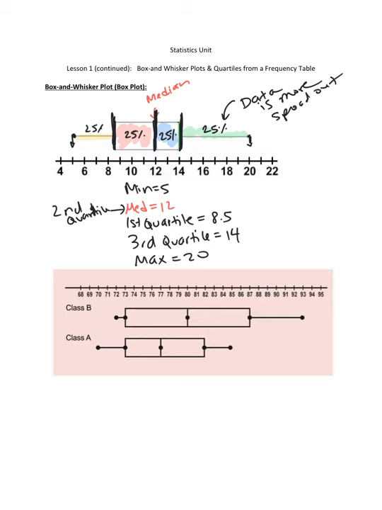If you had 20 people in a class and you divided them into fourths, you'd have 5 people in each section. This would represent 5 people's scores, and this would represent 5 people's scores, and so on.